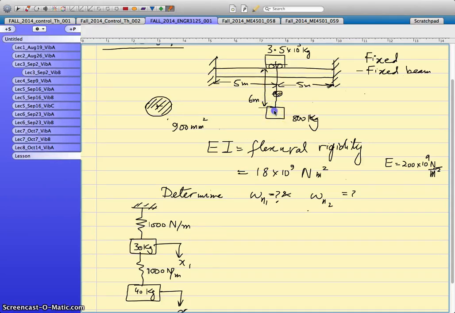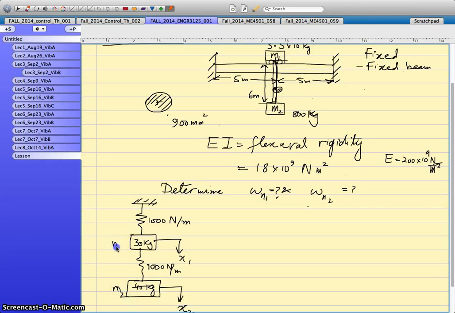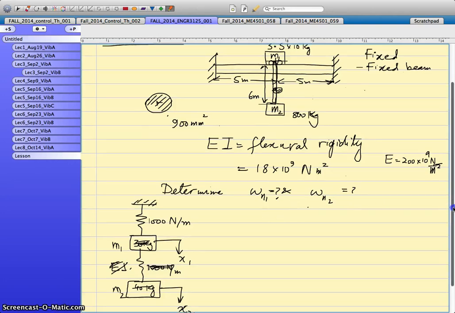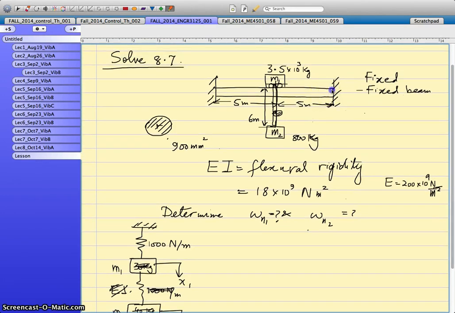So this mass M2, this mass M1, there is a steel rod or steel wire. So this is M2, this is M1, and this is a steel rod which has a stiffness, the stiffness of that steel wire, and there is the beam.